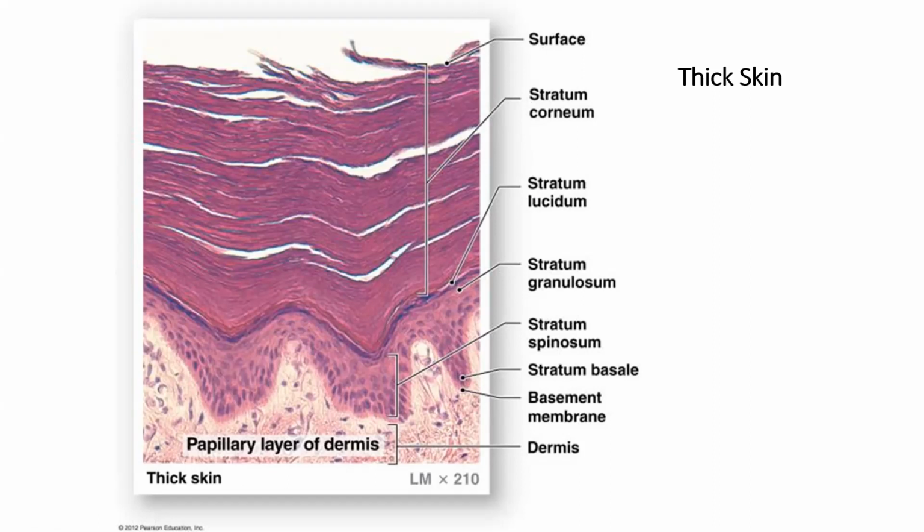It is important to have the word stratum at the beginning of each layer, because not including the first word, stratum, may change the meaning of your answer significantly when it comes to anatomy.